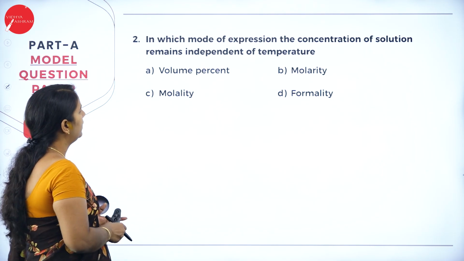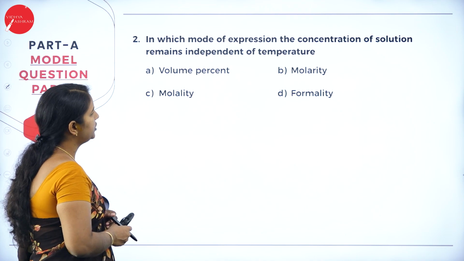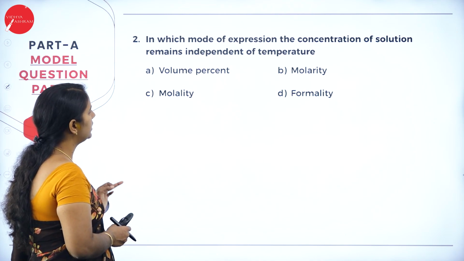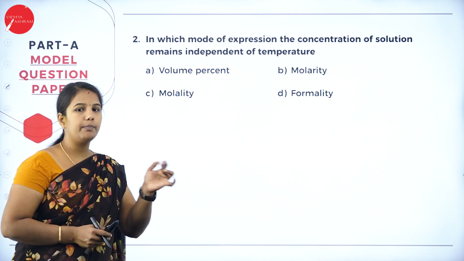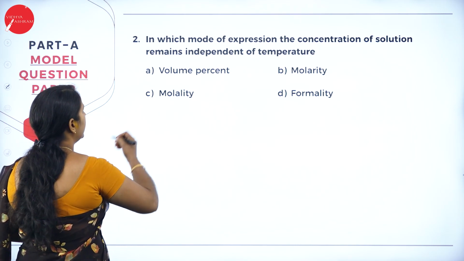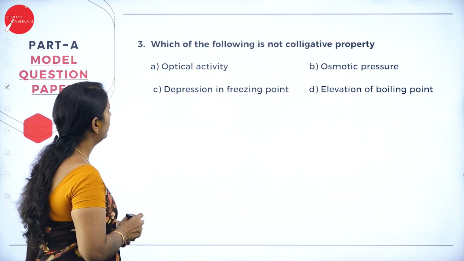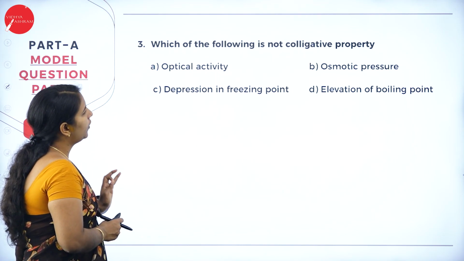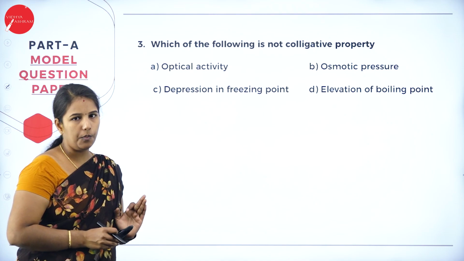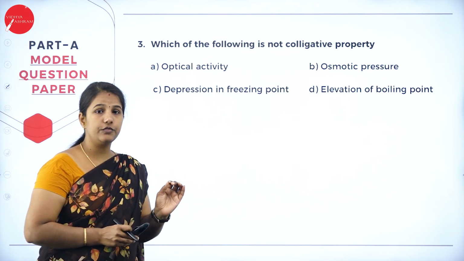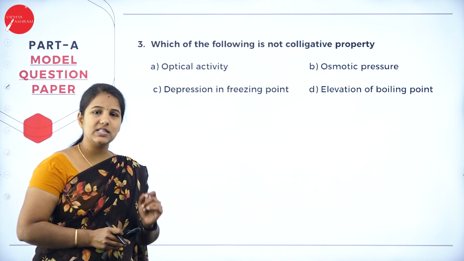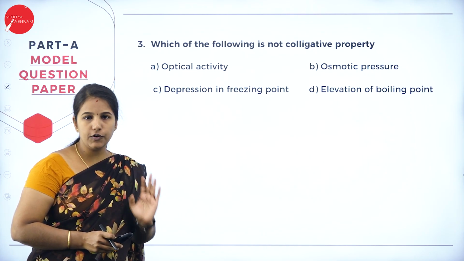Okay, then in which mode of expression does the concentration of the solution remain independent of temperature? As we all know, it is independent only in molality. Okay. Next, which of the following is not a colligative property? This is a question from the solution unit. As we understood earlier, there are 4 colligative properties.